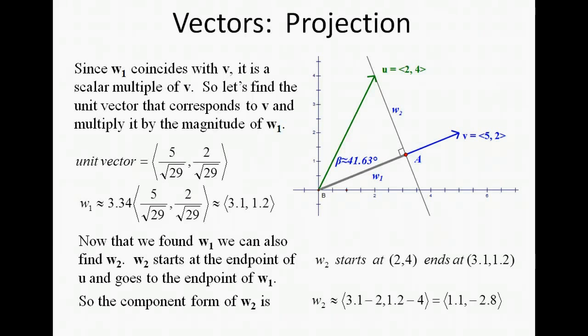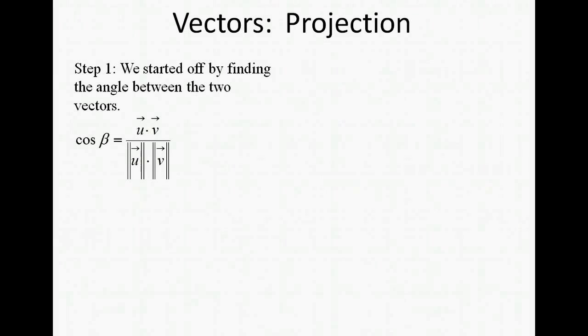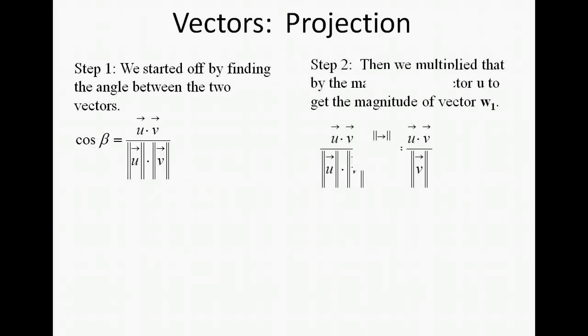Let's try to simplify that a little bit. Let's go back through our steps, and you might want to rewind the tape and follow it through. We started off by finding the cosine of the angle between the two vectors, which is our cosine beta formula. Then what we did was multiply that formula by the magnitude of vector u, and that gave us the magnitude of vector w1.